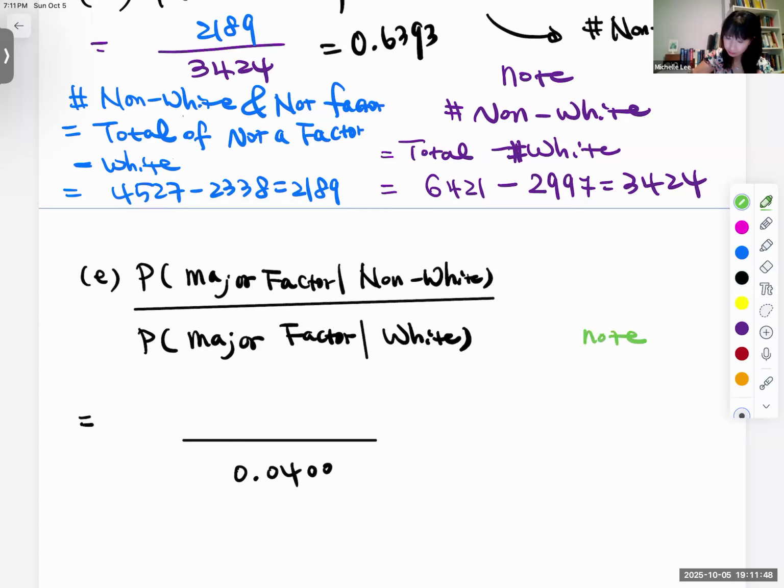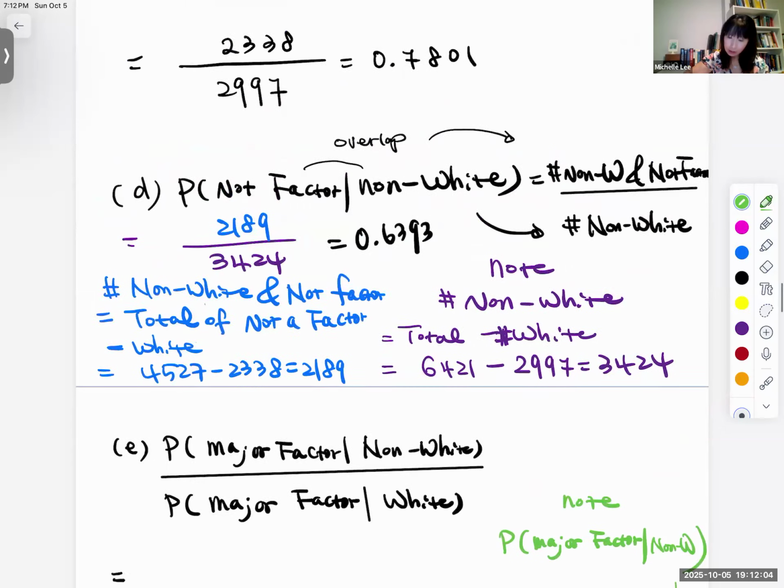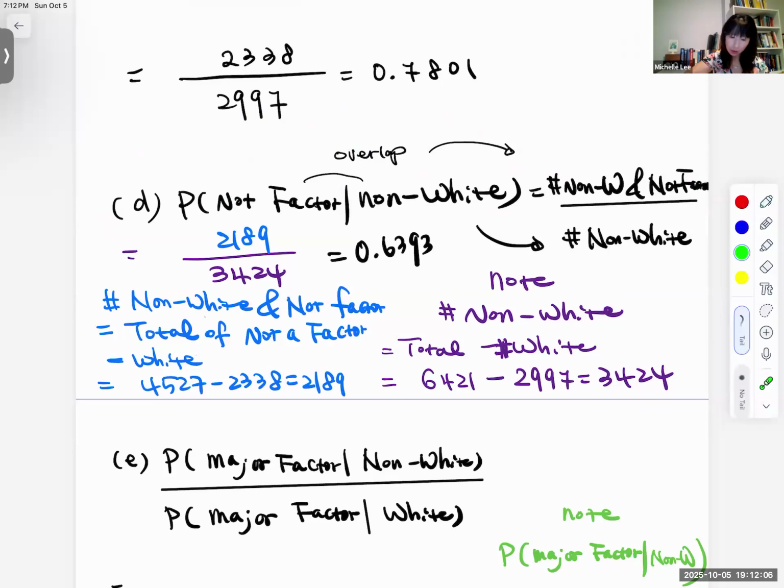Note, major factor given non-white. So there will be the denominator non-white, right? So non-white from the D, 3,424, right? Yeah.